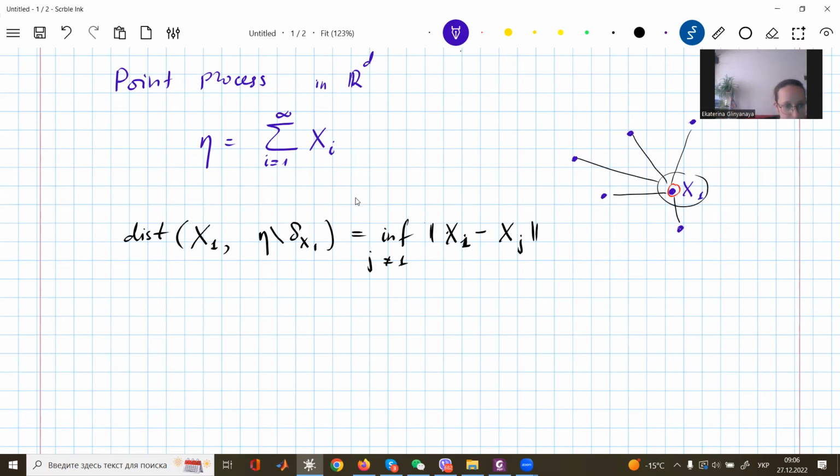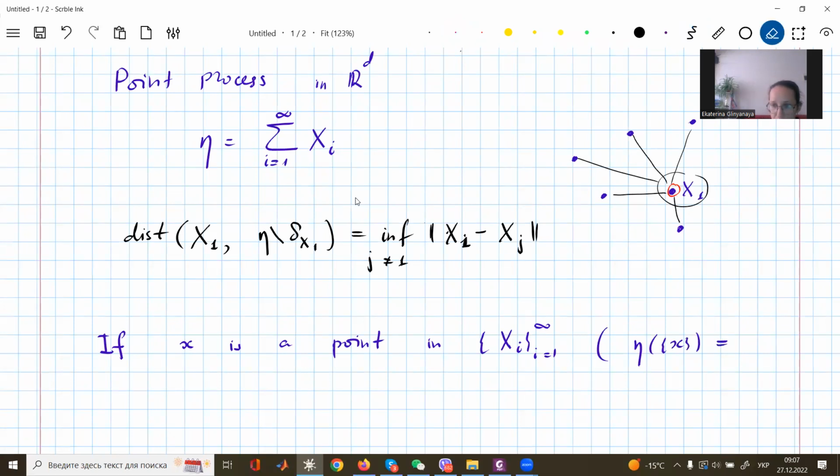So assume that a point x is a point in this set x_i. In other words, we can say that we have mass at this point, and it is bigger than 0.